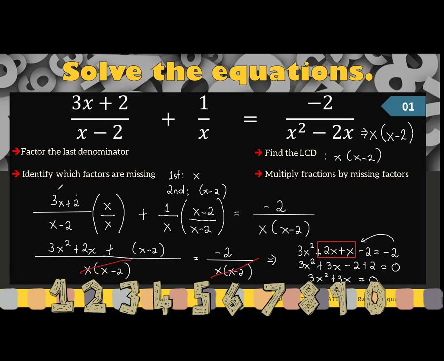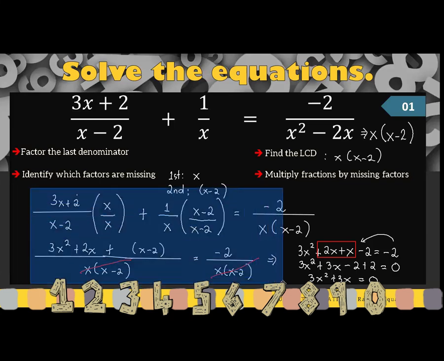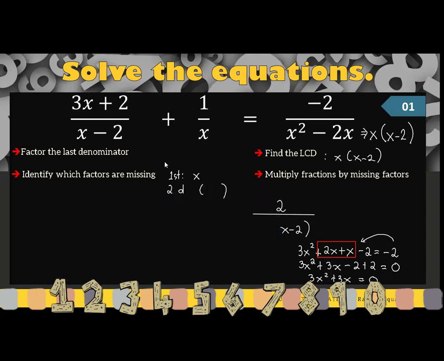After that, we have to factor 3x squared plus 3x using the common monomial factoring. In this case, the common factor is 3x, and the other factor must be x plus 1. Now set each factor equal to 0.